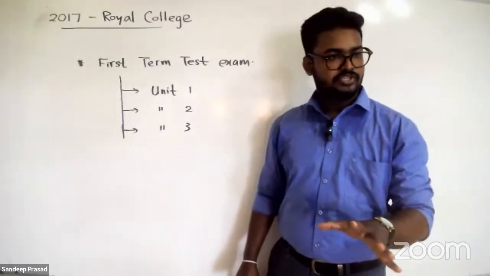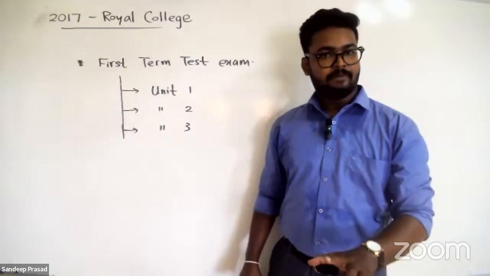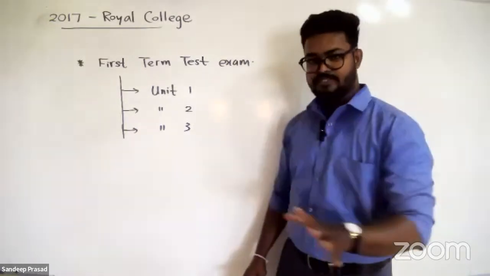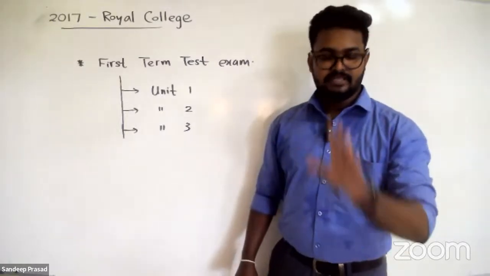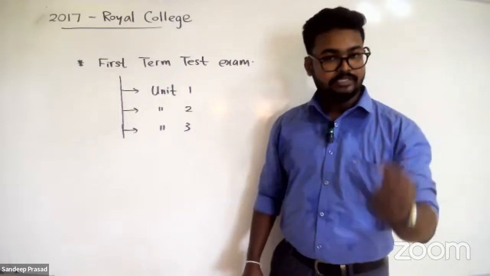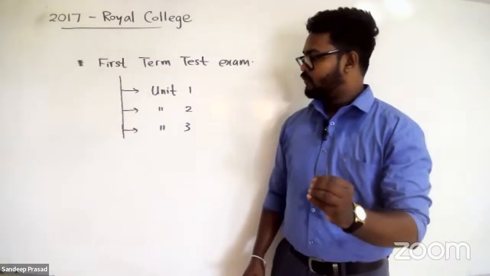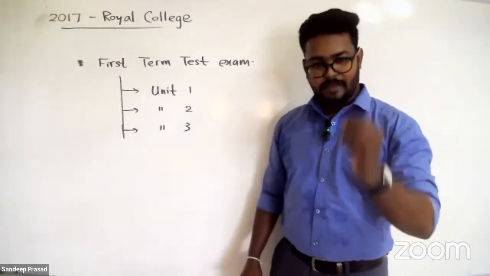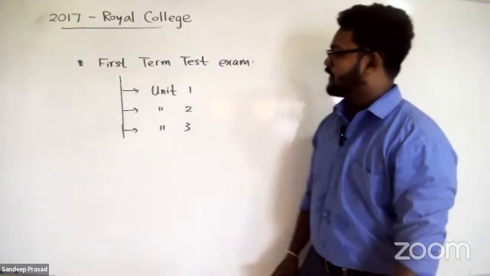Actually, you will get the questions in your first term test examination. So in this paper book, there are questions from all 3 units, right? So don't worry whether you have learned the theory or not. Doesn't matter. In this paper class, we are going to revise, we are going to recall the theory points, and we are going to discuss questions, right? So therefore, this is a very easy thing. So practice questions, try to get an idea about the question patterns, right?